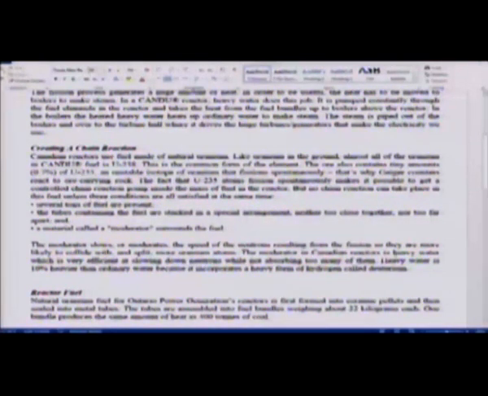The moderator in Canadian reactors is heavy water, which is very efficient at slowing down neutrons while not absorbing too many of them. Heavy water is 10% heavier than ordinary water because it incorporates a heavy form of hydrogen called deuterium. So, here this gives more details about the fission process and more information about uranium fuel.